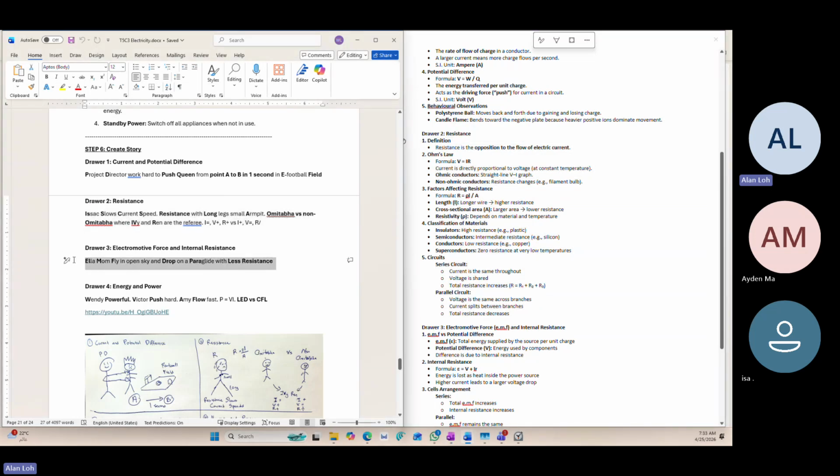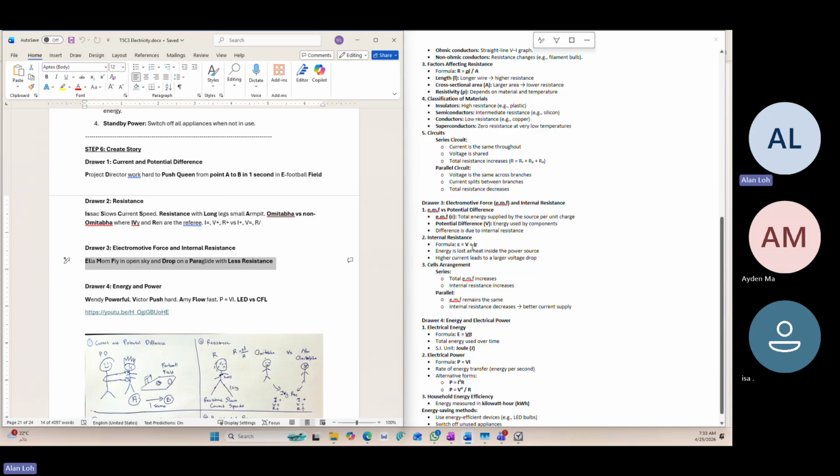Right? Drawer 3, electromotive force and internal resistance. So this is this part over here. So there are 3 key messages. Ella, mom, fly. This obviously is to help you to remember there is this EMF in an open sky and drop on a paraglide with less resistance.